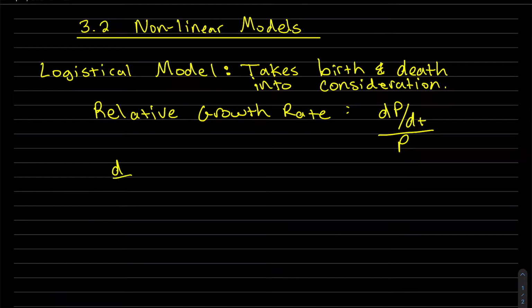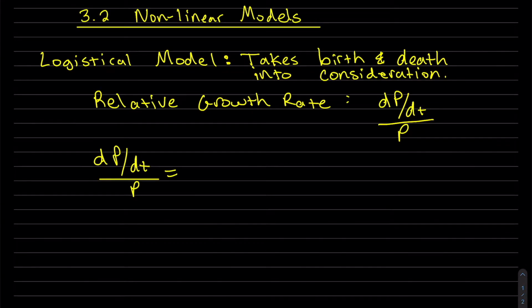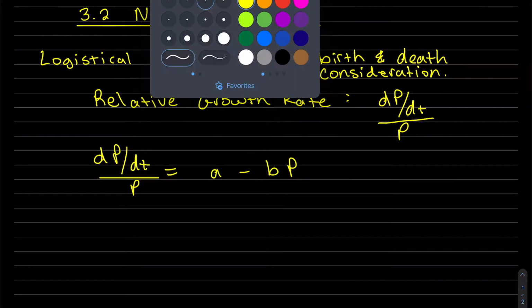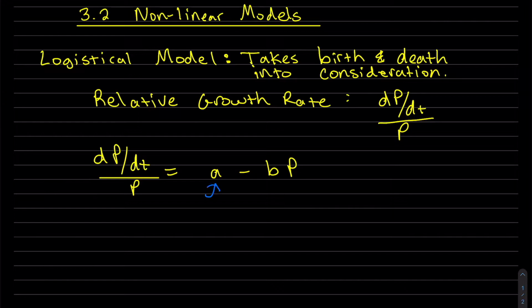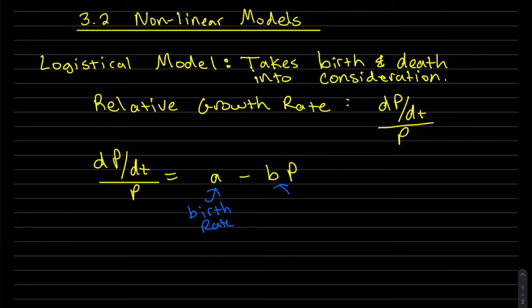So we're going to start off with this on the left. And as I said, we're going to include a birth rate and a death rate. And so that formula turns out to be, where the a is our birth rate and the b is our death rate.